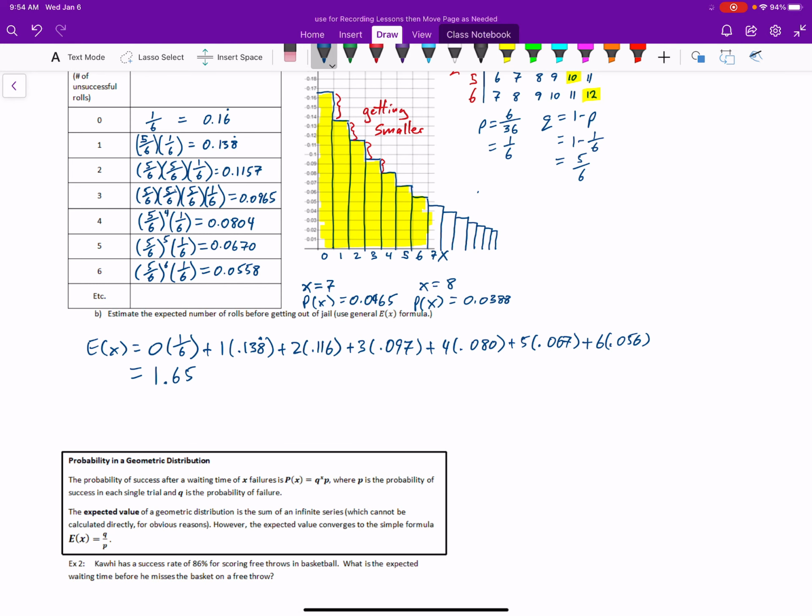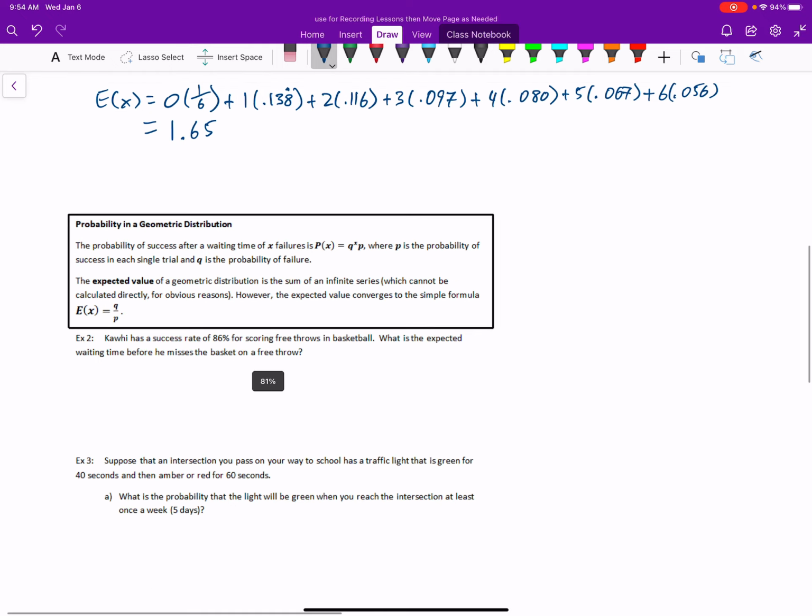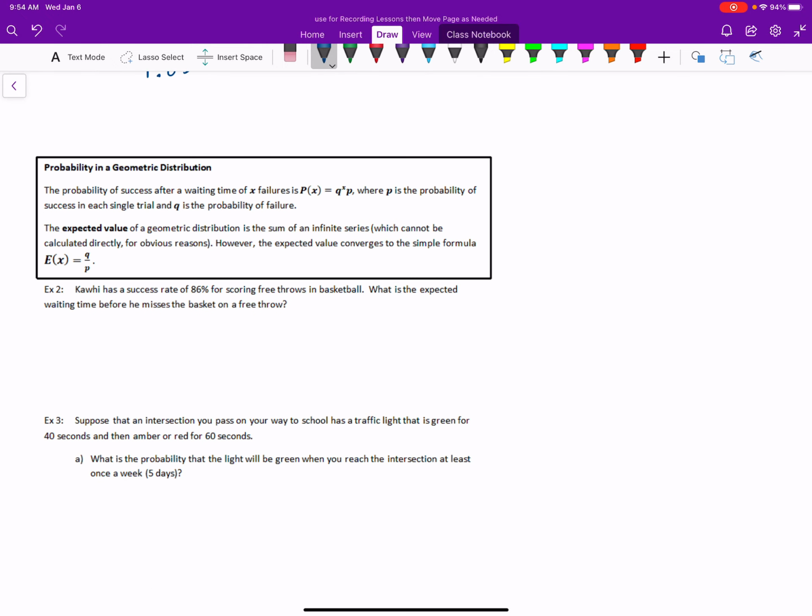What does that mean? It means that if you were to play a whole bunch of games of Monopoly where you're in jail a whole bunch of times, on average you can expect to have to roll 1 to 2 times, somewhere between 1 and 2 times, before you then hit your doubles. Okay? So probability in a geometric distribution.